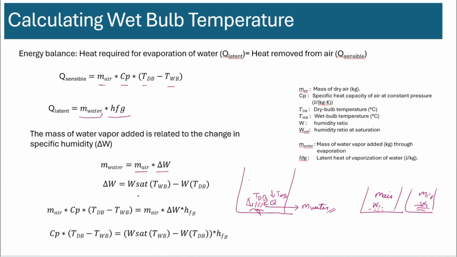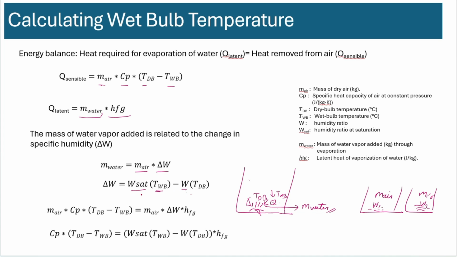And delta W can be calculated based on this equation. One, you calculate the W at saturation, assuming it's saturated at the low temperature, because when the wet bulb temperature is reached, the assumption is that the mixture is saturated. Now, when the dry bulb temperature is reached, whatever humidity ratio that you calculate, that is the initial humidity ratio.